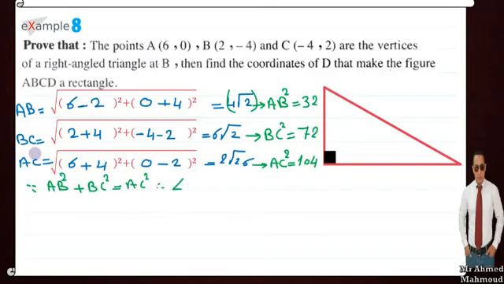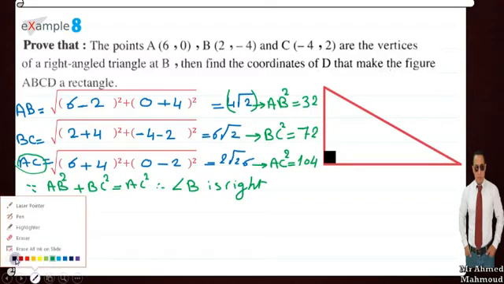By looking at the big one, AC, the missing letter is B, then angle B is right. This is the first required.